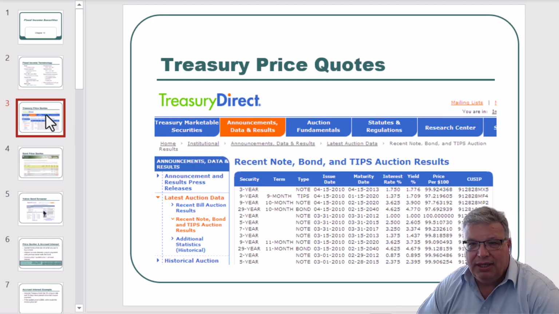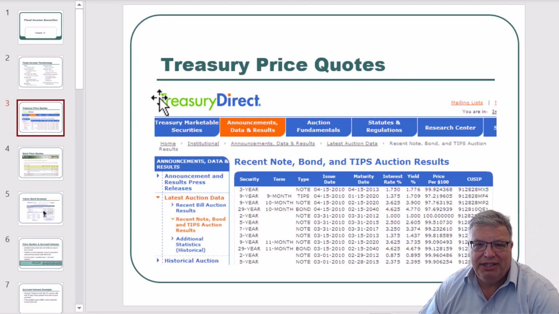This is an older page from Treasury Direct, their website. The newer page is a little harder to read, but the main thing here is you can see we've got the security listed, 3-year, 9-year, and it shows the type of security: a note, TIPS, notes, bonds. We talked about some of these back in the chapter, was it 2, right?